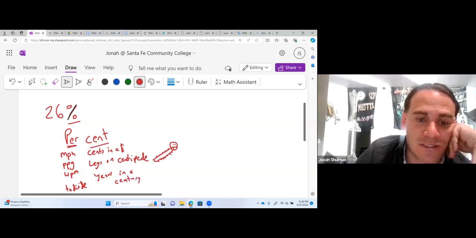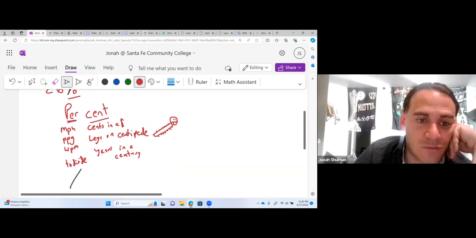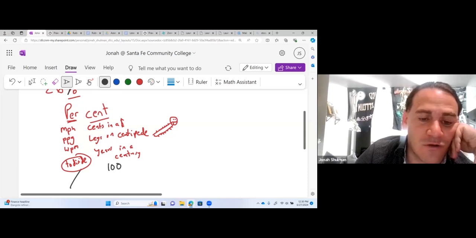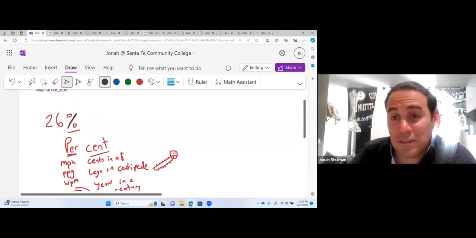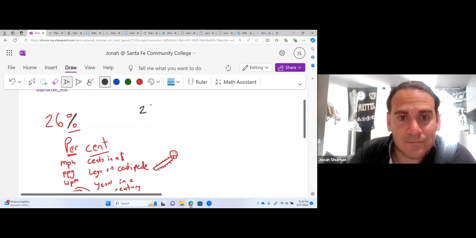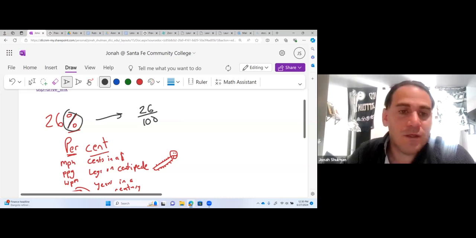So the cent actually means 100. So per means to divide, and the cent means 100. That's why the symbol itself looks like this. So if I have this 26%, it really means the same thing as 26 over 100. Every time you see this percent symbol, it just means to divide by 100.